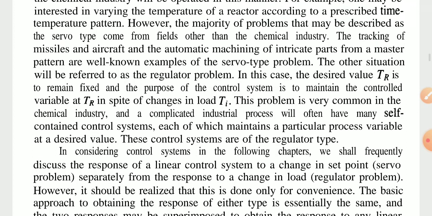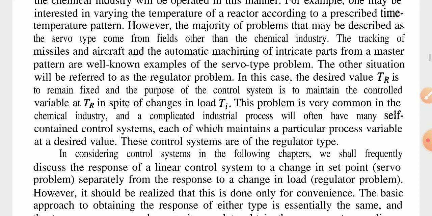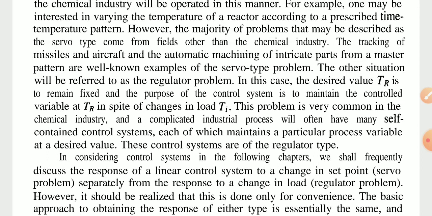The desired value TR remains fixed. The purpose of the control system is to maintain the control variable at TR, despite changes in the load TI. This problem is very common in the chemical industries, and a complicated industrial process will often have many self-contained control systems, each of which maintains a particular process variable at a desired value.